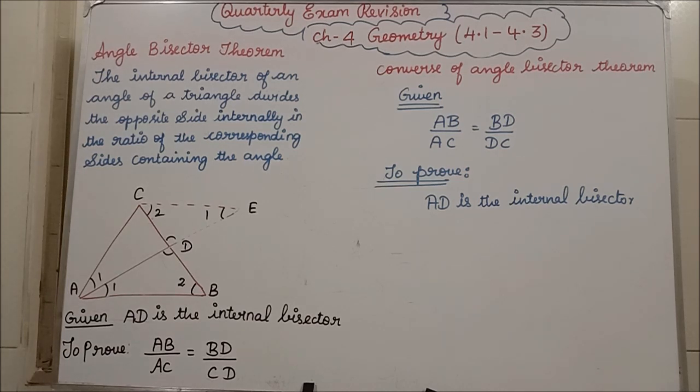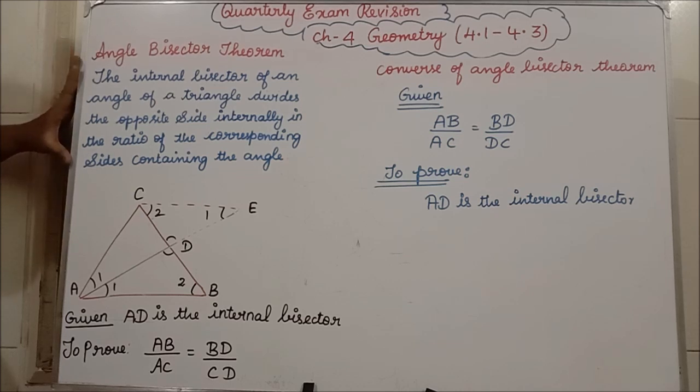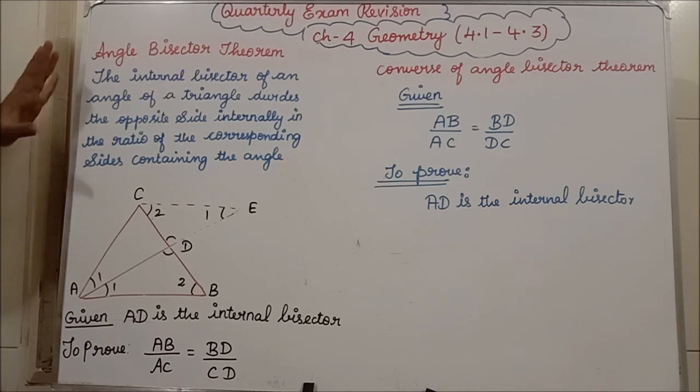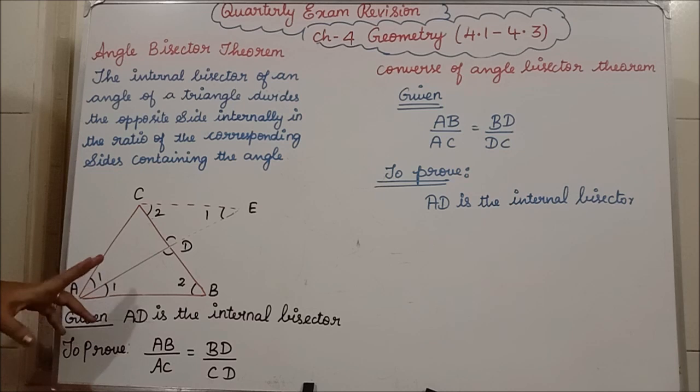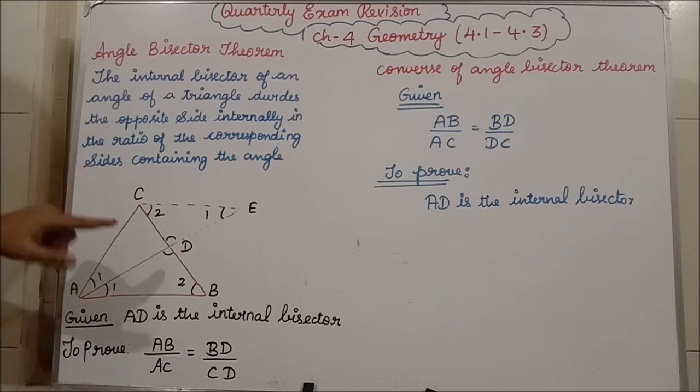In this angle bisector theorem, what they have given in the statement is that AD is the internal bisector. They have given the internal bisector and we have to prove the triangle divides the opposite side internally in the ratio of the corresponding sides containing the angle.